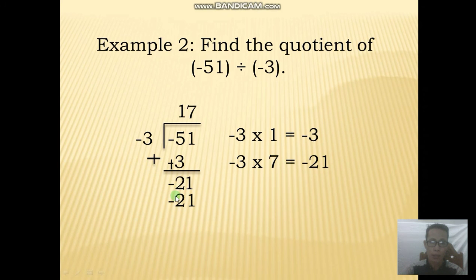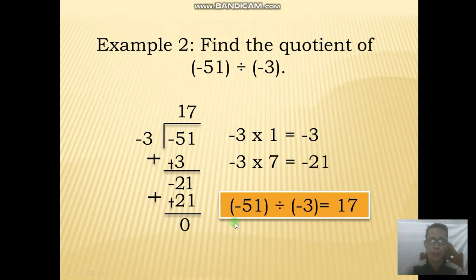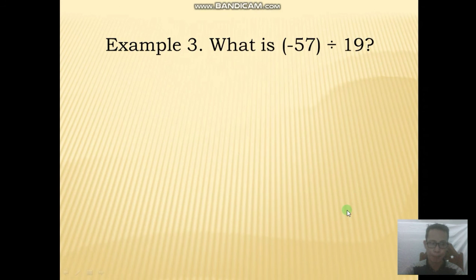And then, we will do the subtraction. Applying the subtraction rule of integers, ito magiging addition, ito magiging positive. So, negative 21 plus positive 21, that is 0. Therefore, negative 51 divided by negative 3, the quotient is positive 17. Ito na yung sagot natin.